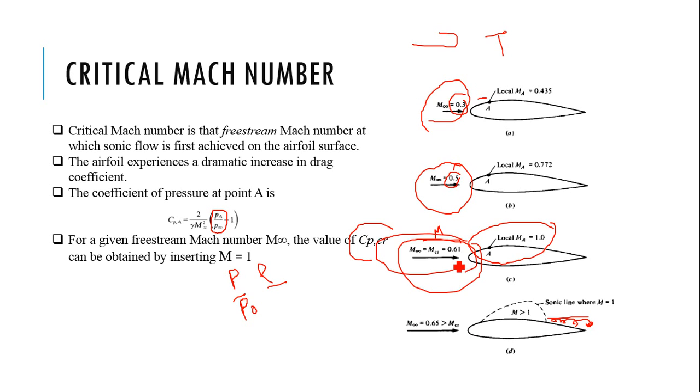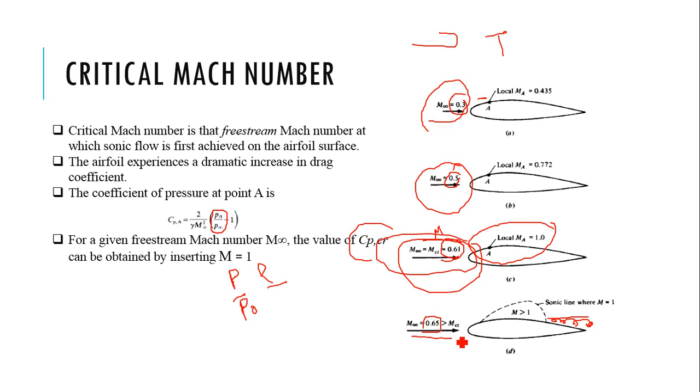We can see here the critical Mach number is 0.6. When the free stream Mach number is 0.6, somewhere over the airfoil there will be 1, that means Mach number will be equal to 1. So after that, shock will be formed. When we increase beyond the critical Mach number, shock will be formed over the airfoil.